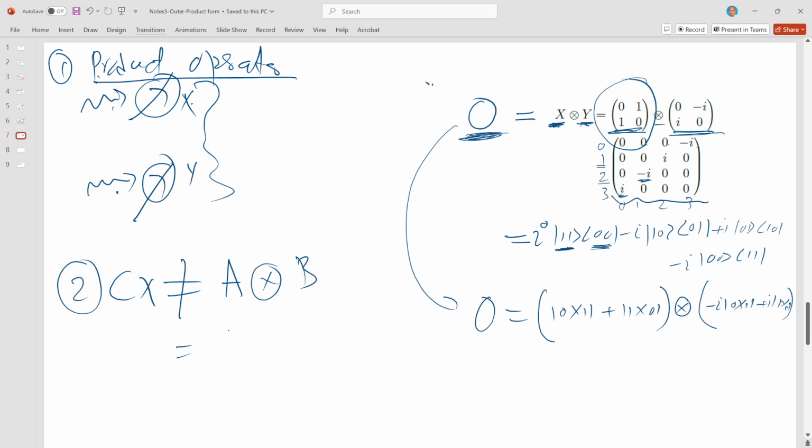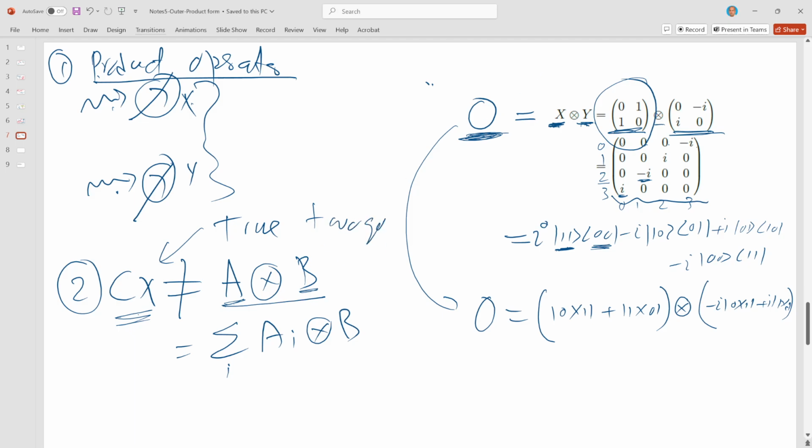It can be written as a sum of terms like this, but not a single term where one term is operating on one qubit and the other term is operating on the other. So these types of gates are sort of true two-qubit gates, because we cannot factorize them as single qubit gates. Here, even though this is a two-qubit operator, it can be factorized as two individual single qubit operators.